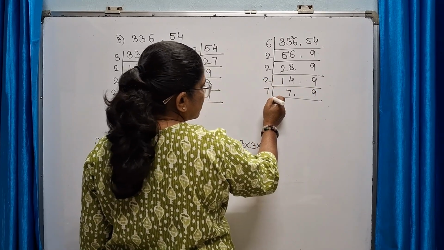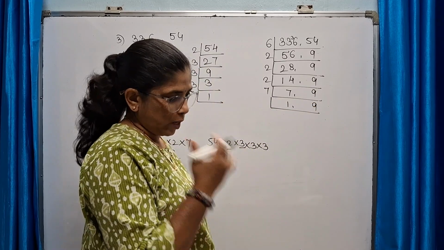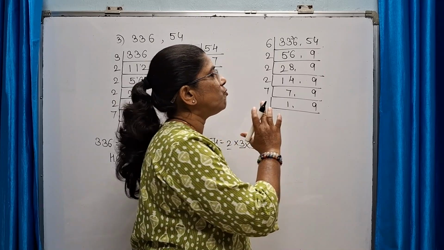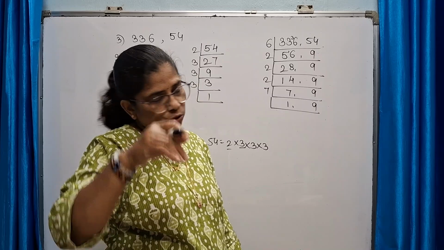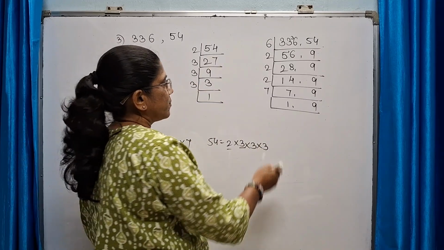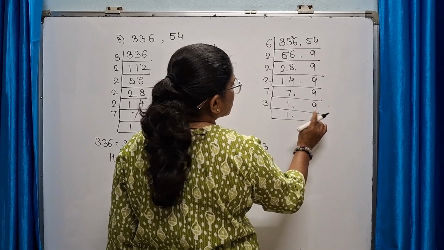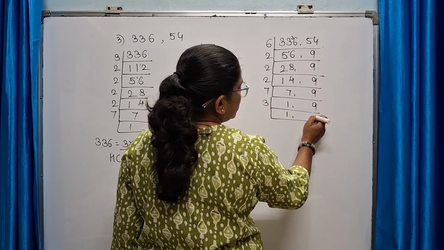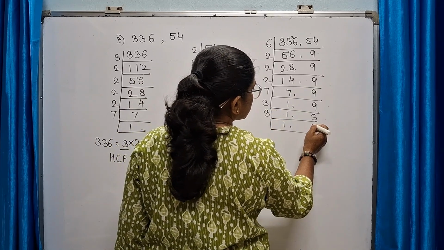Let's take 7. Actually, when we get 1 at one place and only one number is remaining, we can straight away take that number. Actually, we can straight away take even 9 here. But we will split: 3, 3 3s are 9, 1, 1.